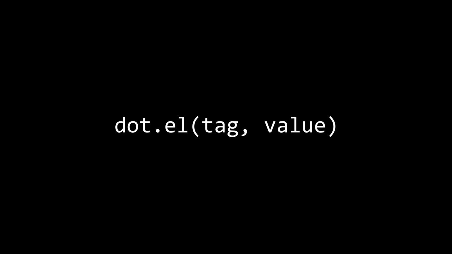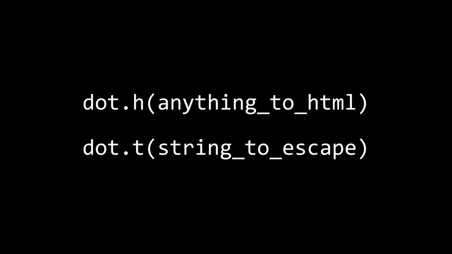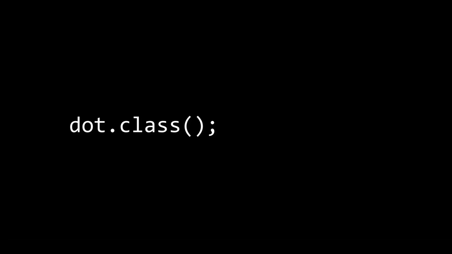The first parameter is the name of the element or the name of the tag, and the second parameter is the contents of the tag. Oh, and don't forget that there's two element building functions that just render plain text. There's the h function, which renders markup as HTML, and there's the t function that escapes HTML characters and prints escaped text.